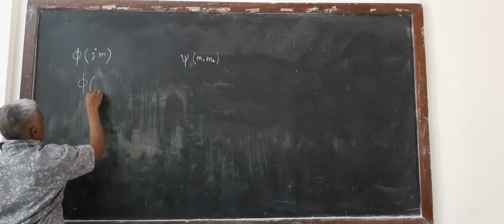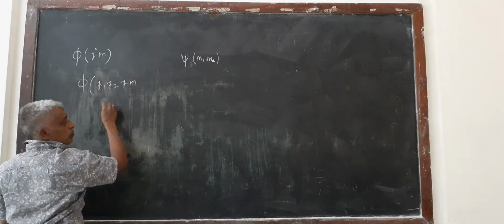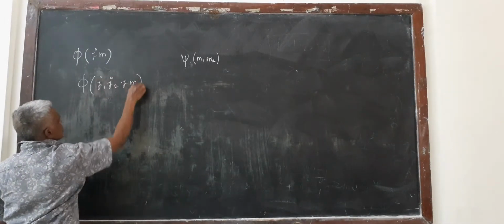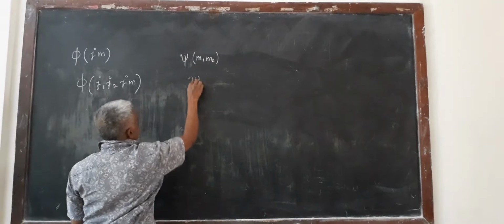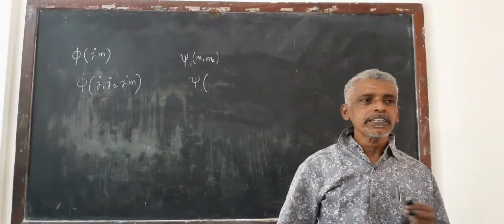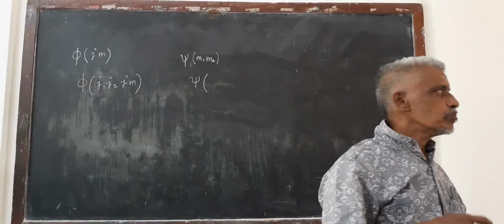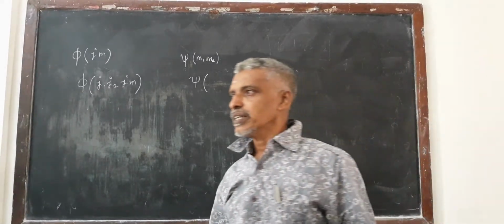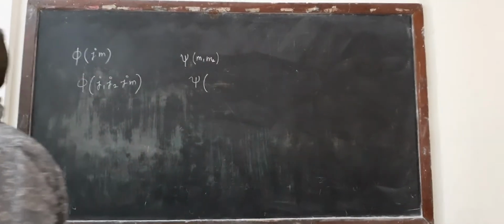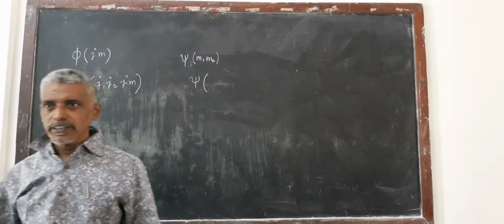Actually, this is phi j1, j2, j, m, j1, j2, j, m. And here this psi. It will not be there in the notes, but it is pre-assumed that phi j1, j2, j, m is on the right hand side. So right?